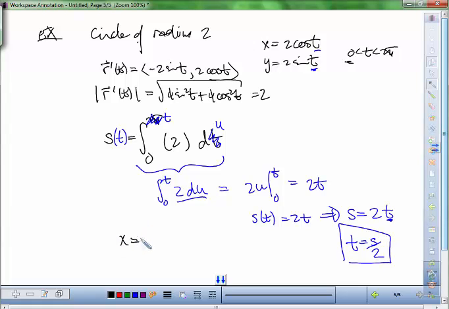So I have x equals 2 cosine t, and instead of a t, I'm going to replace it with s. So y is equal to 2 sine t, but instead of a t, I'm going to replace it with s over 2.